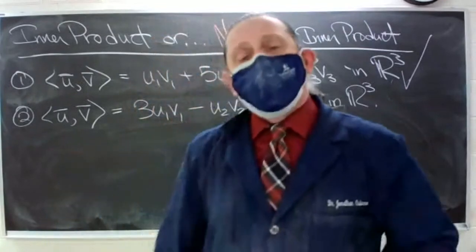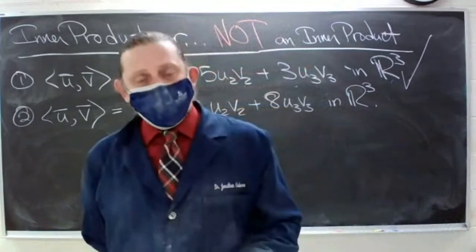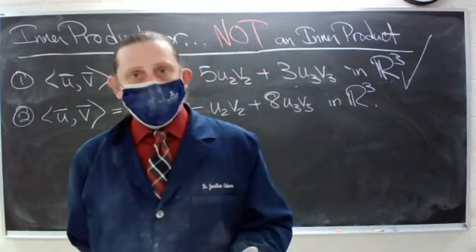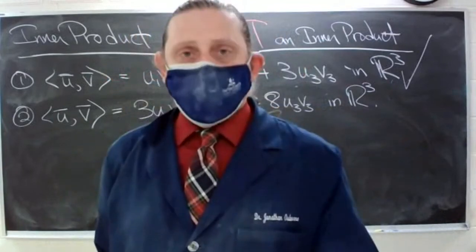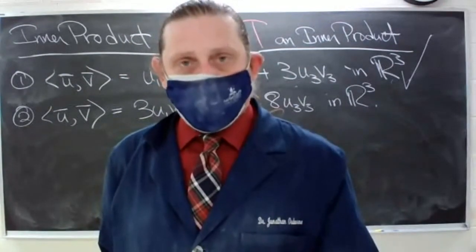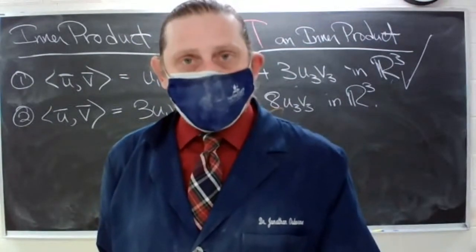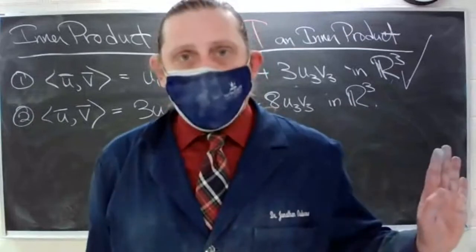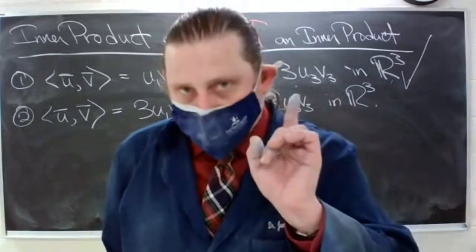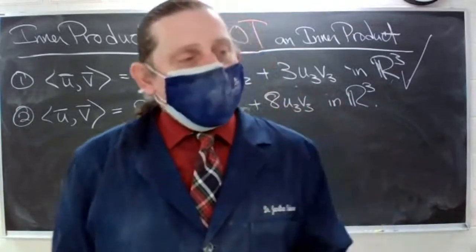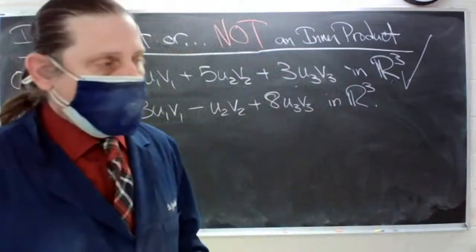Okay? We want to pay close attention to that one, because there are lots of candidate inner products that satisfy properties 1 and 2, no problem. But they violate property 3, and we need to look out for that.